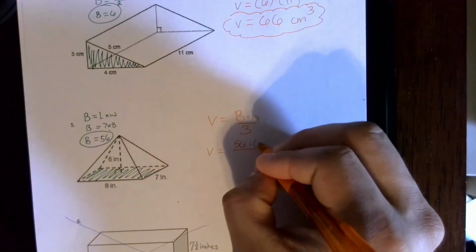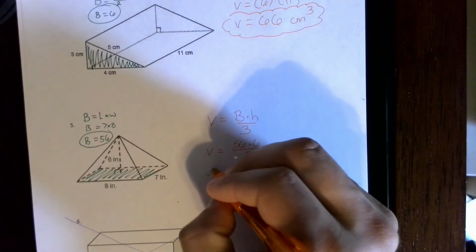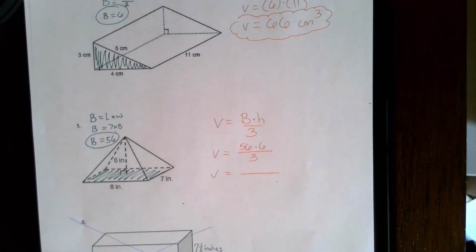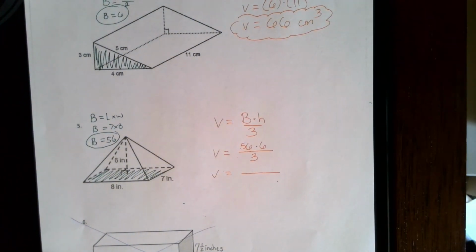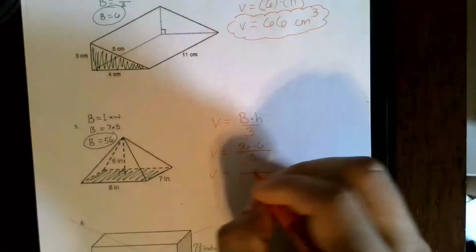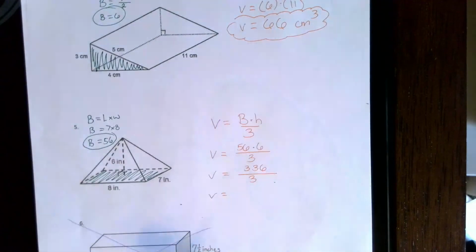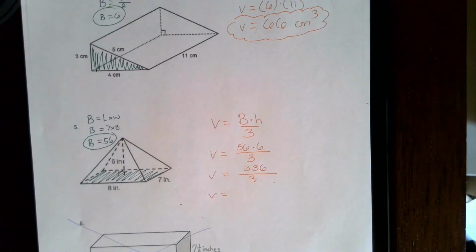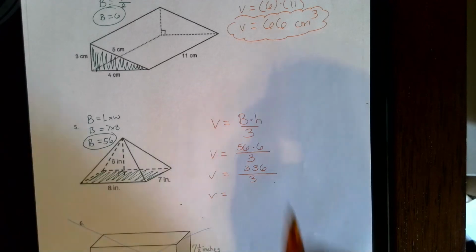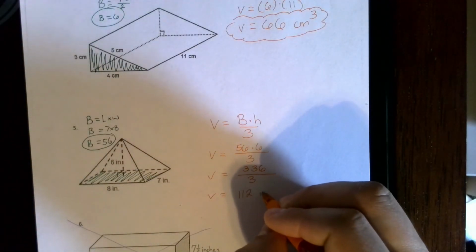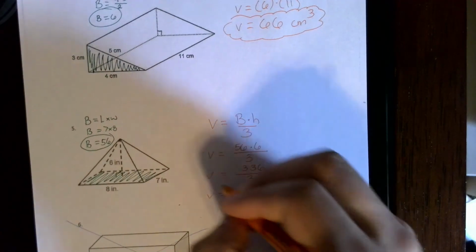So I'm going to plug that in, and I'll divide the whole thing by 3. 56 times 6 is 336. I divide that by 3. I think that'll be maybe 112. Yep, you get 112 inches cubed, or cubic inches.